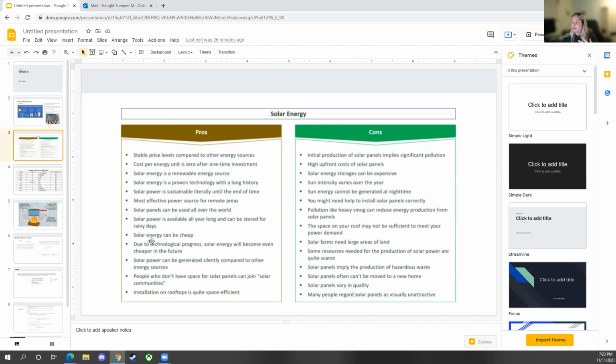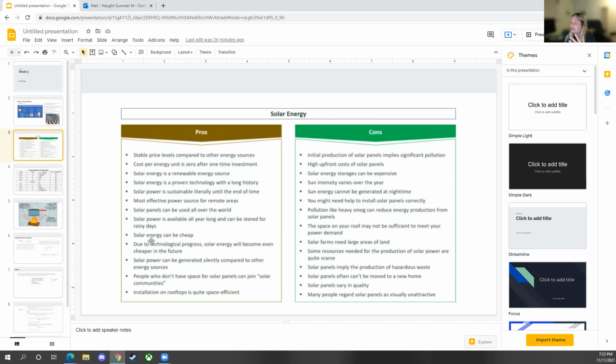But solar panels are effective in places where it's remote. Things like burning coal and burning fossil fuels, we're not really doing those in the middle of the desert, right? There's not a lot of people there. But for solar energy, remote areas are the most ideal place, because there are no buildings in the way blocking sunlight from hitting them, and there are no people who can go around them and tamper with them and impact them in a negative way.